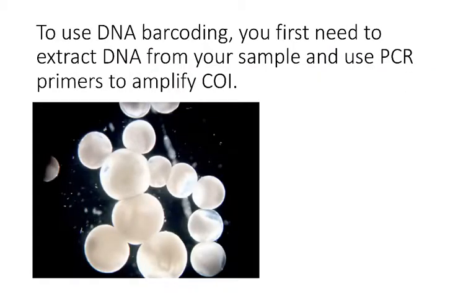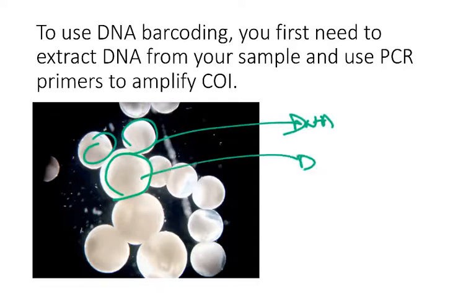So how does this barcoding work? What you need to do first is extract DNA from your sample and use PCR primers to amplify that barcode region. If we were working with these fish eggs, what we would do is isolate DNA from each of those fish eggs and then use universal primers.